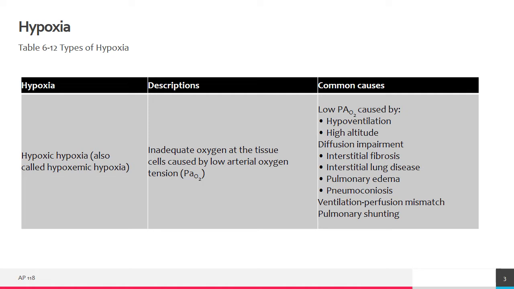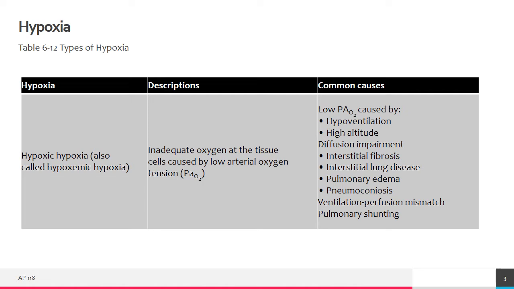This condition is referred to as diffusion limited. There's something wrong at the lung. Causes of diffusion deficits include chronic interstitial lung diseases, pulmonary edema, emphysema, pneumonia, and alveolar collapse or atelectasis.